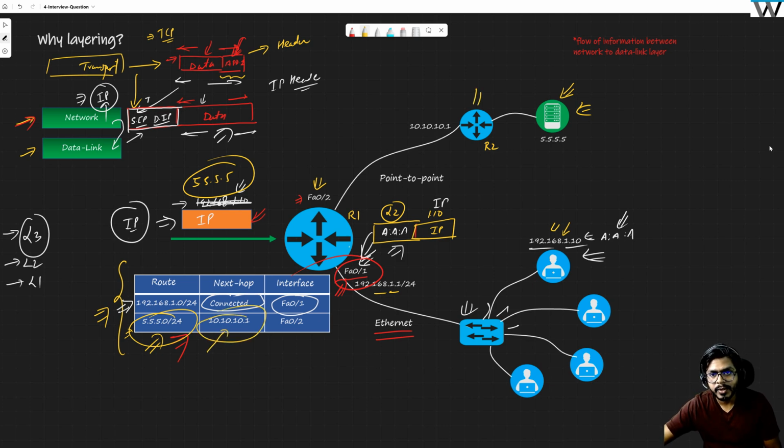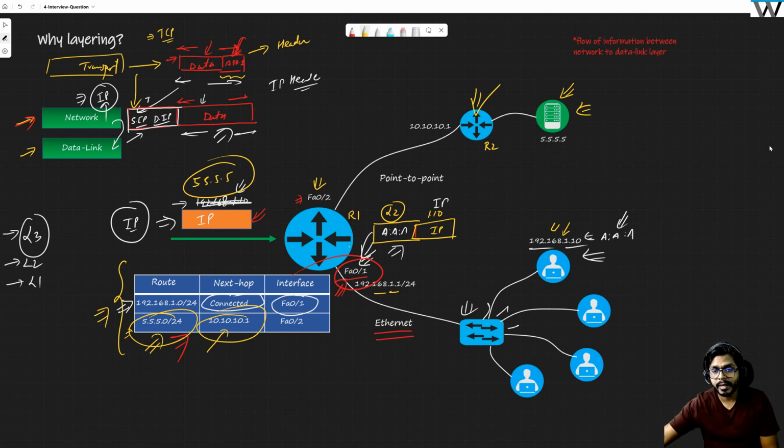This device is router number 2 here, right? So to reach 5.5.5.5, I have an IP packet which is coming towards me, but it is going to 5.5.5.5. How am I going to send it? I am going to send it to the next hop router, and then it is going to be the responsibility of the next hop router to forward it to 5.5.5.5. It is as simple as that.